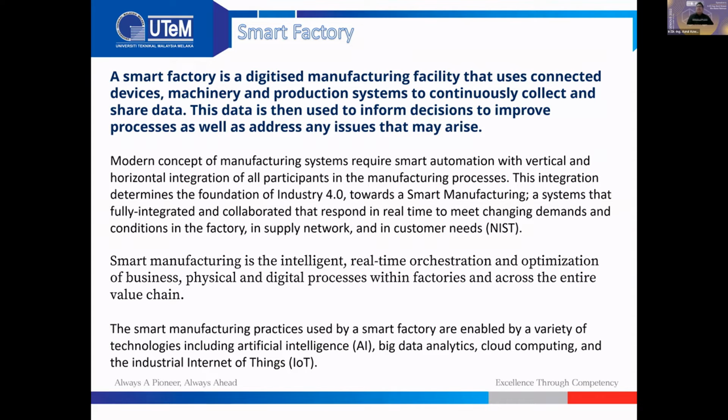So this integration is really the foundation of Industry 4.0. Smart manufacturing is the intelligent, real-time orchestration and optimization of business, physical and digital processes within factories and across the entire value chain. So it requires a variety of technologies such as artificial intelligence, big data analytics, cloud computing, and also the industrial Internet of Things.